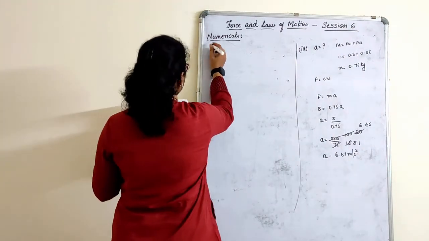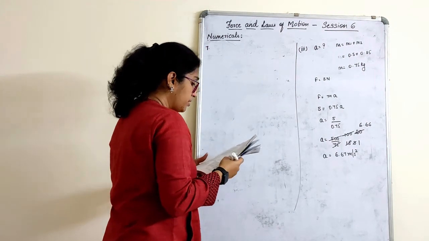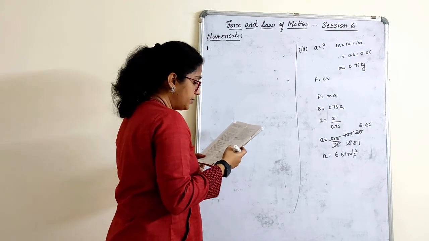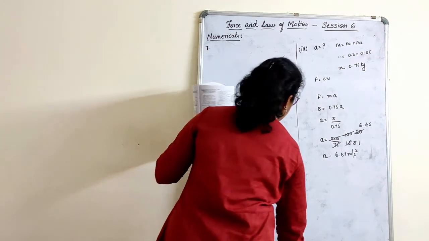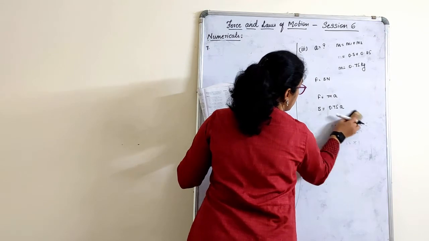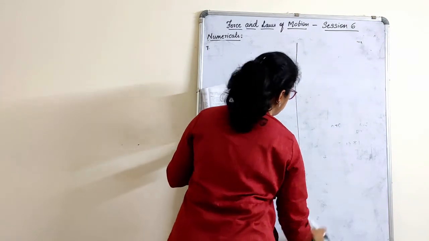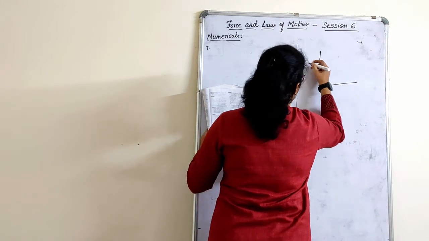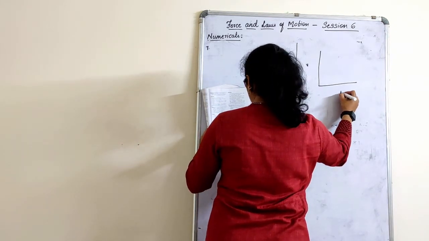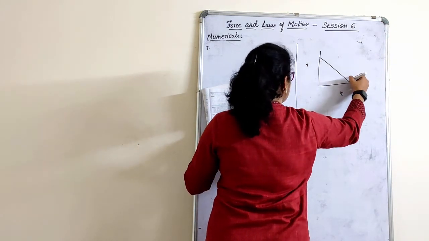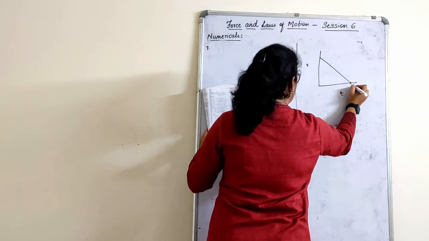The next one, the 7th one, a velocity time graph is given, which I will drop in this slide also, where the y-axis represents the velocity and the x-axis represents the time. When we see where it is cutting, I just draw whatever point it is cutting.